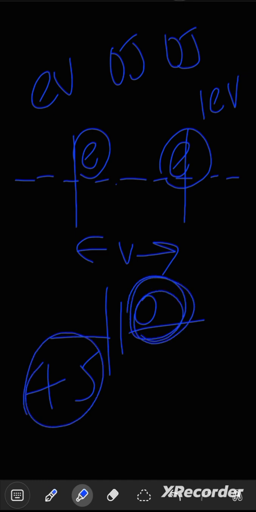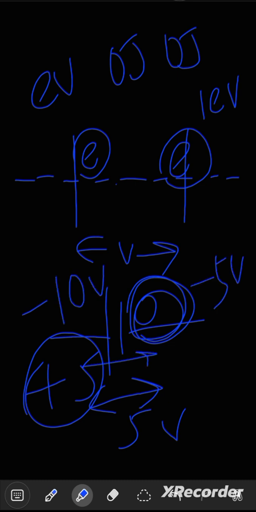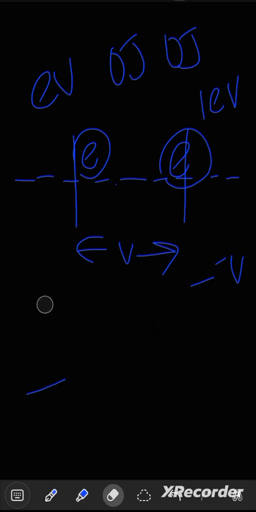Right now it has a potential difference of 5 volts, but it could very well have been minus 10 volts and minus 5 volts, and you would still get a potential difference of 5 volts.